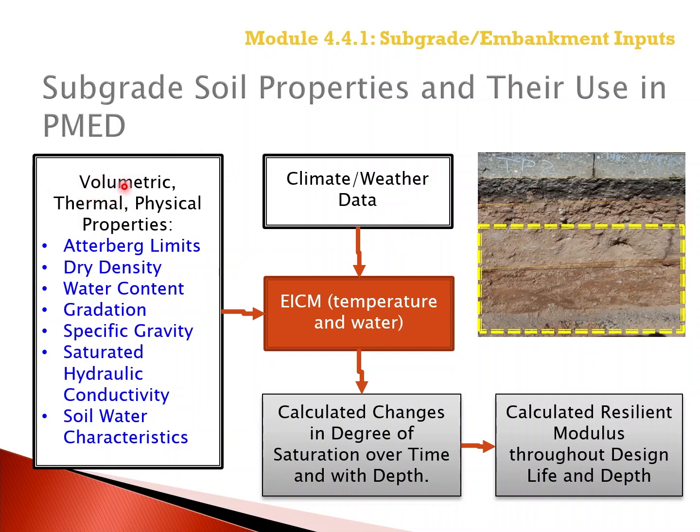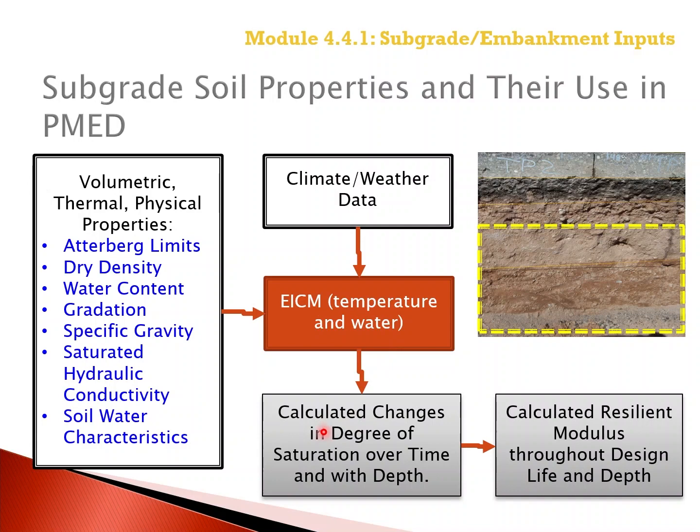So basically we have our volumetric, thermal, and physical properties that are entered by the user as shown in this box. We have our climatic weather data that came from Module 4.2 and the long-term pavement performance data set using the MERRA-2 climate data set. That data is entered into the Enhanced Integrated Climatic Model regarding temperature and water content.